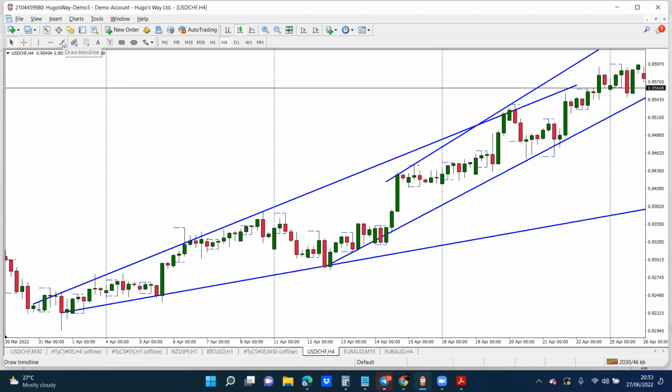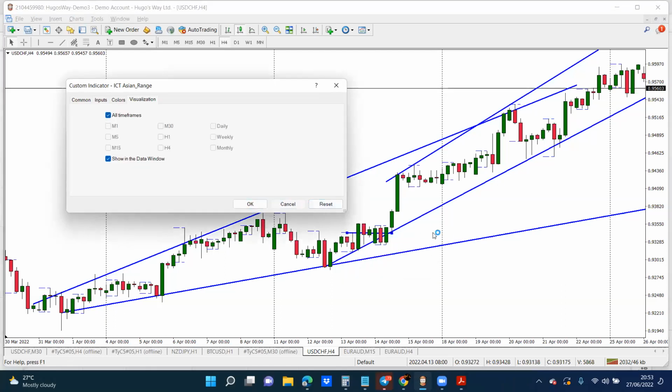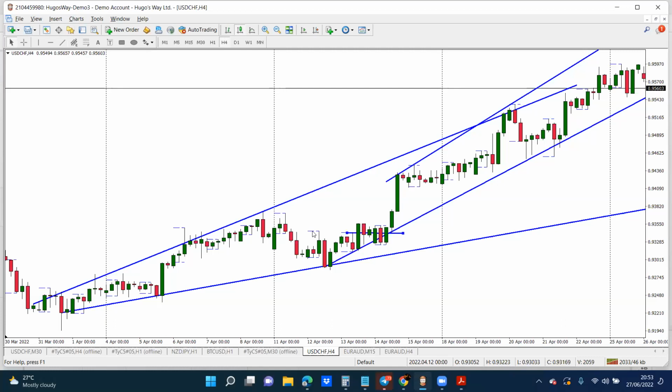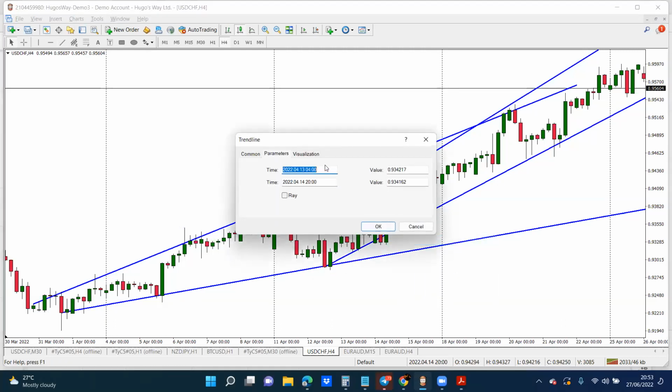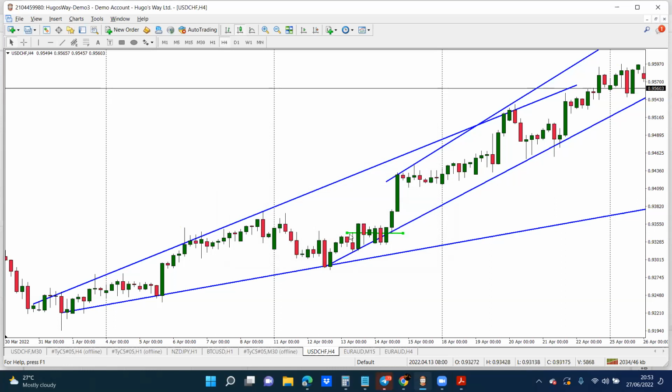Bullish engulfing. How did I say you could take a trade on a bullish engulfer? I said you could place a line. Let me change the color of that line so it doesn't confuse. I said you should draw a line.